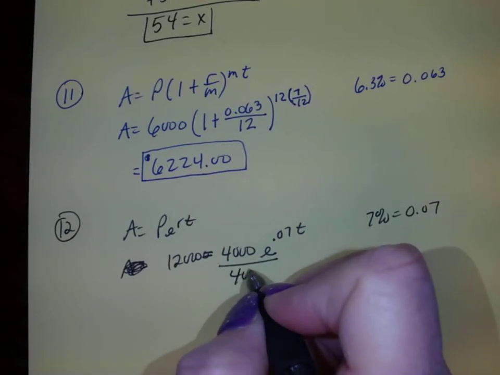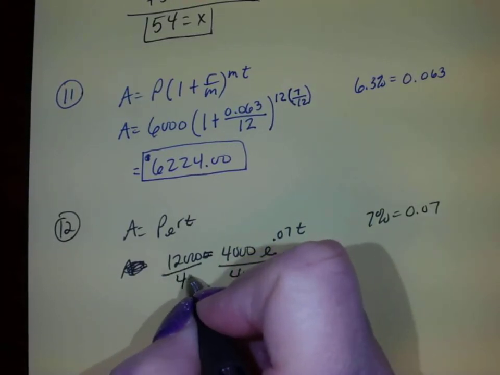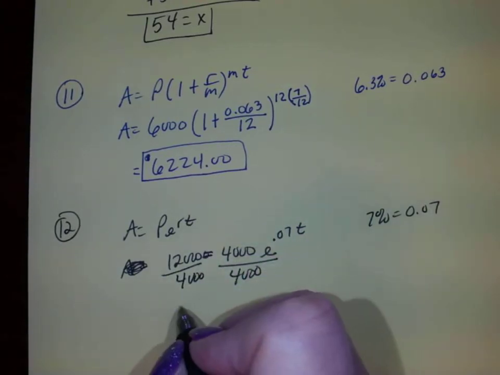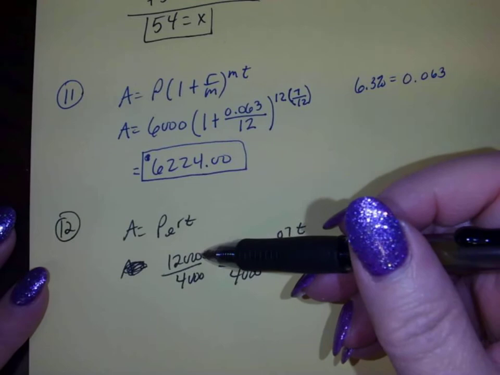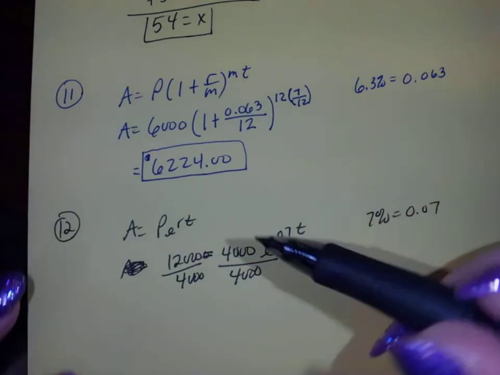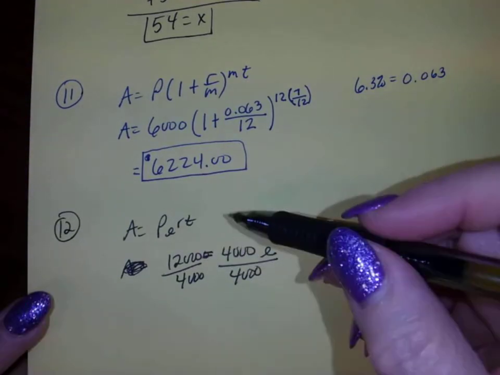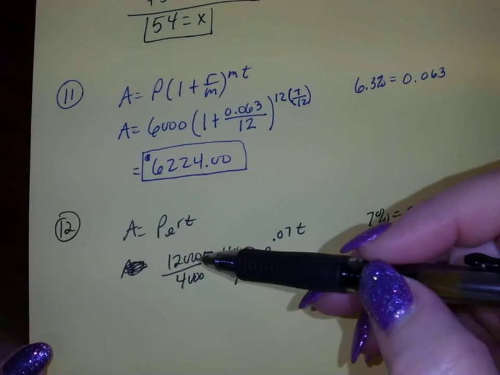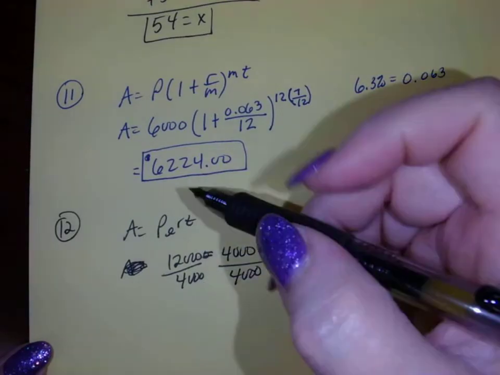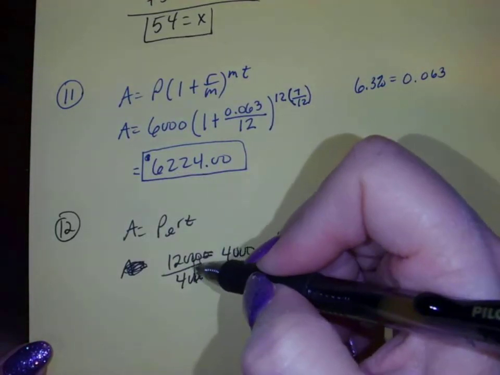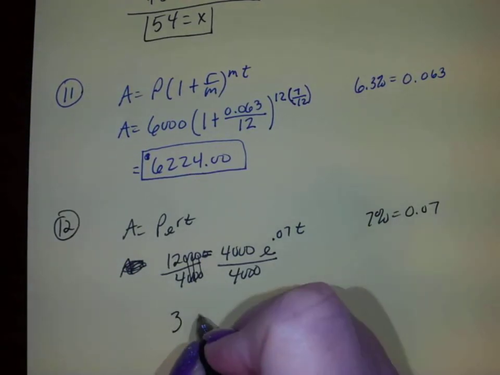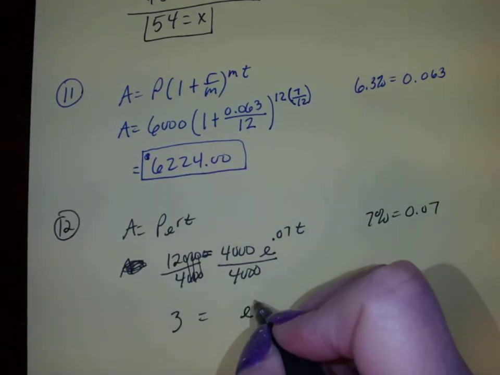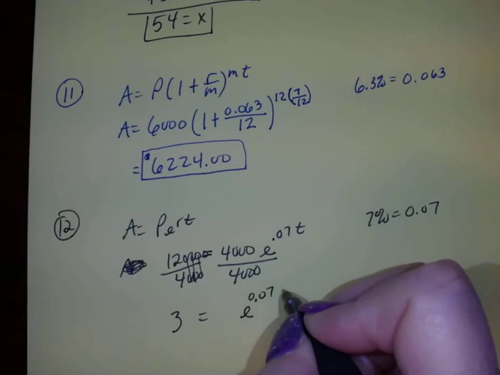So I'm going to move the 4,000 away from the e, and you can simplify this down a little bit if you would like, because it'll make it easier. If you get to a whole number, it's okay. If not, then you can leave it at the ln of the thing. But since we have the zeros on top of each other, they will cancel, and 12 divided by 4 will get us 3. That will be equal to e to the 0.07t.